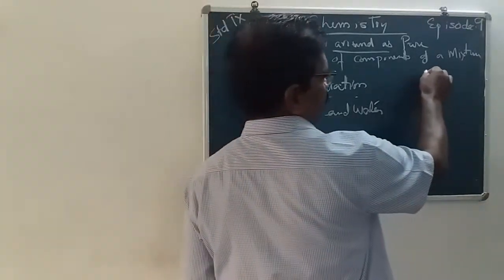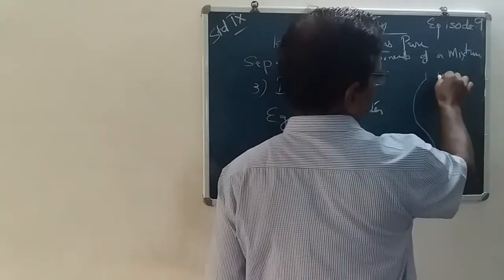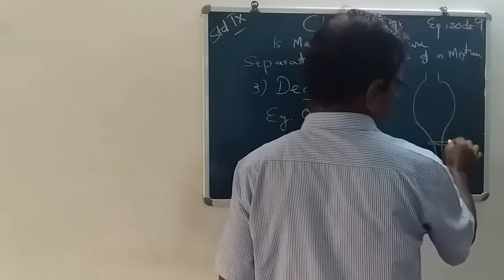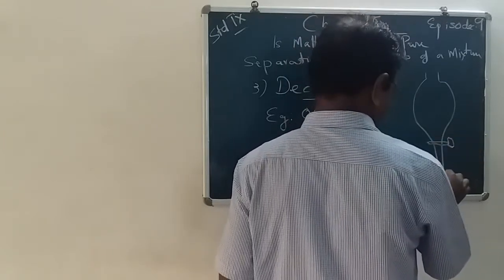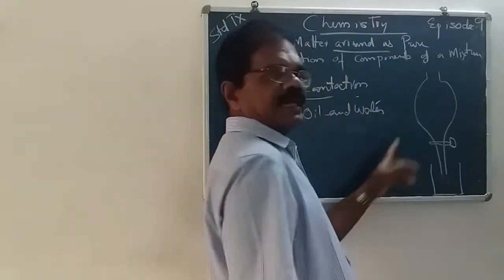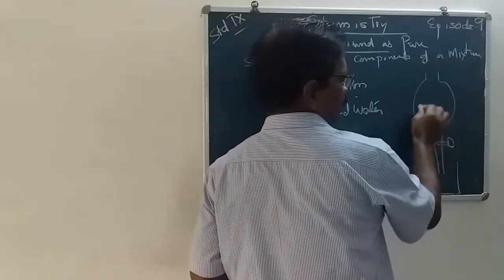This is the shape of the separating funnel. Here is a stopcock. The immiscible liquids are poured into it.